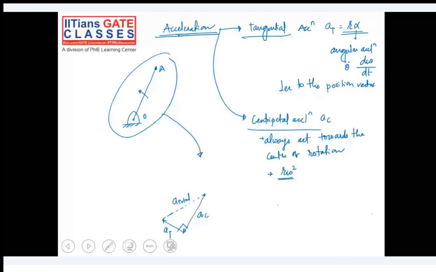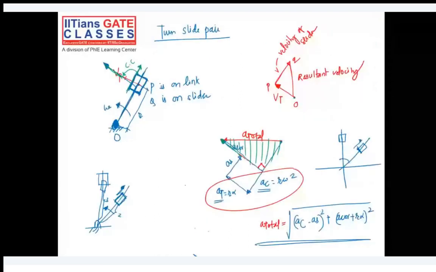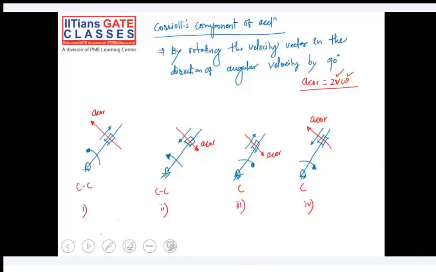But whenever we have a turn slide pair, apart from the acceleration of the slider, one more component of acceleration will come into the picture, which is Coriolis component of acceleration. And we also understood how the direction of Coriolis component of acceleration will vary depending on the rotation of the link, depending on omega basically, and the direction of velocity of the slider. So this is for the turn slide pair only.